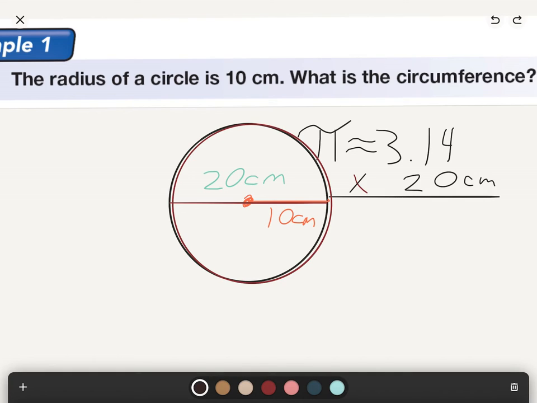For most purposes, we're okay with just 3.14 as the value of pi, but you could multiply 20 centimeters by that long string of numbers, 3.1415926535897933238464, and get a very, very close approximation of the circumference of the circle.